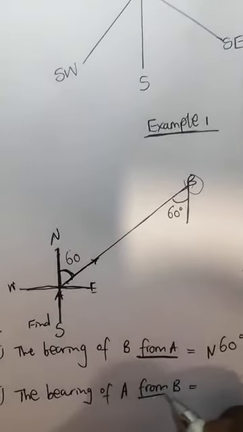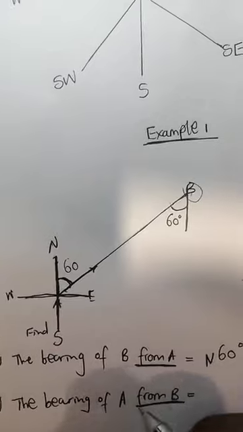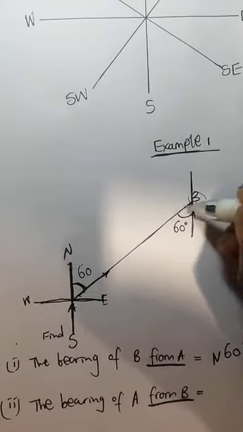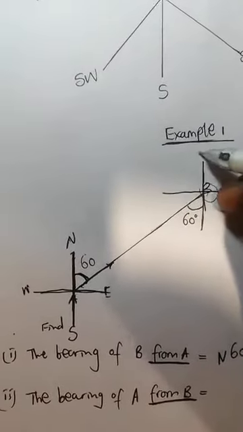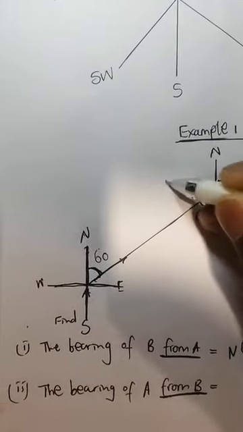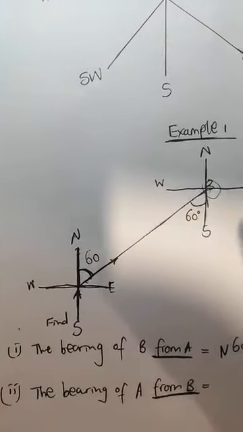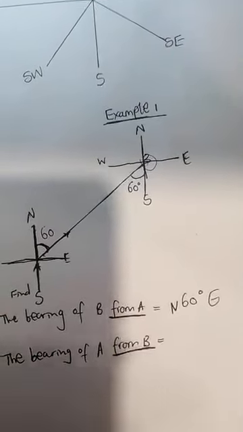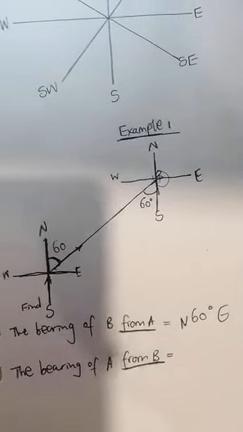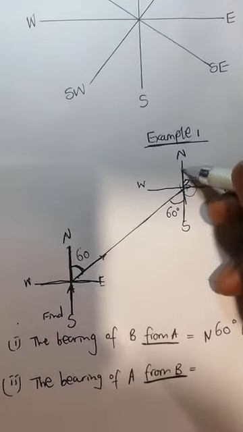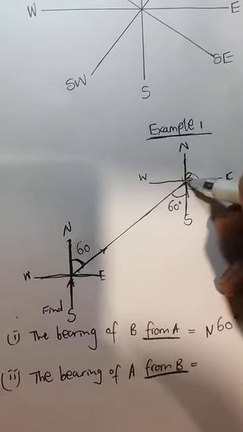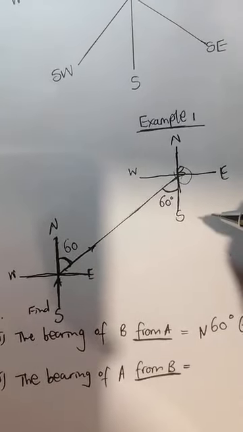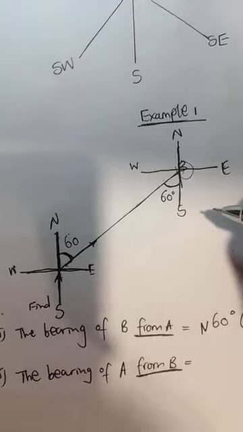Now we want the bearing of A from B. You underline from B to avoid mistakes. You want to come from B going to A. At this point you draw your compass: north, south, west and east. So we can get our bearing either from the north or from the south, but we go in a clockwise direction.